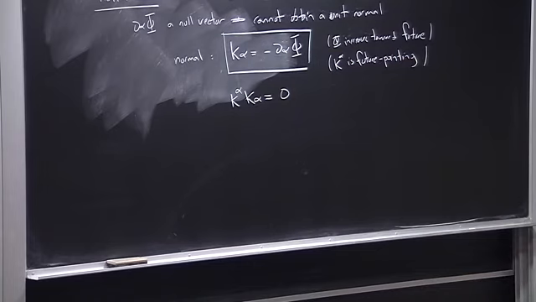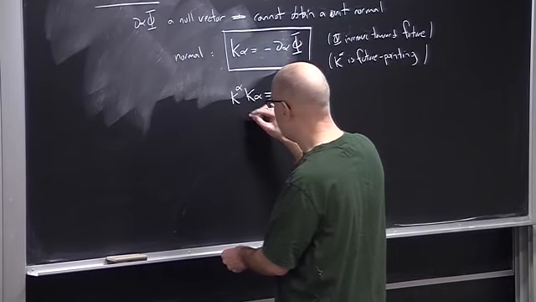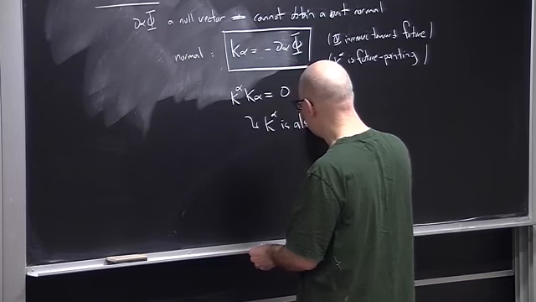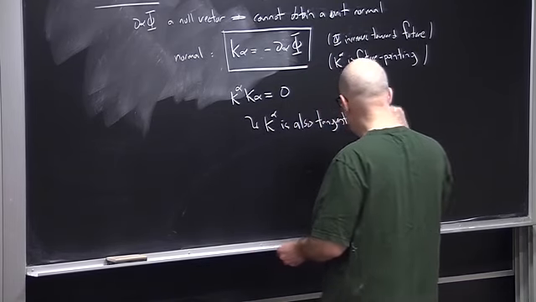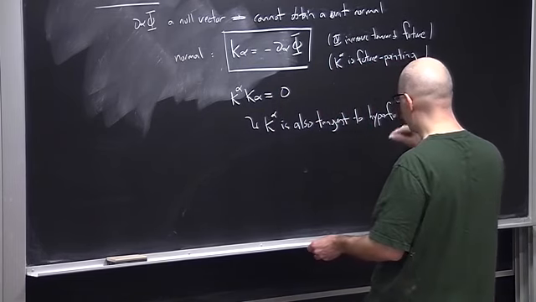And the other thing that we get from all of this is the fact that k is not just normal to the hypersurface, k is also tangent to those hypersurfaces, to this hypersurface.